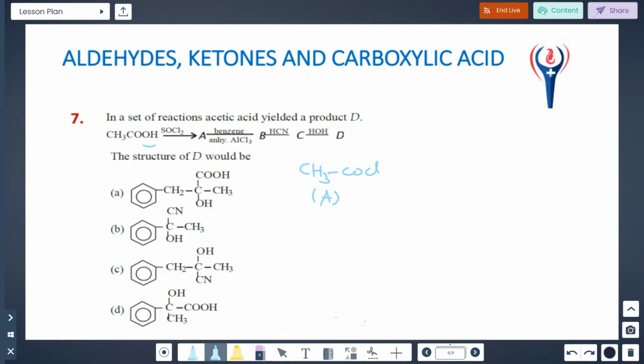Then it reacts with benzene in the presence of anhydrous aluminum chloride. This is nothing but the Friedel-Crafts reaction. The H from the benzene and Cl from the acid chloride, HCl will be removed. It's called Friedel-Crafts acylation.